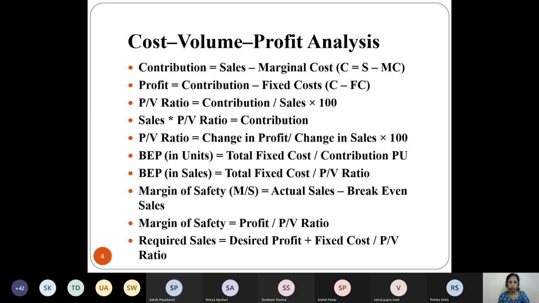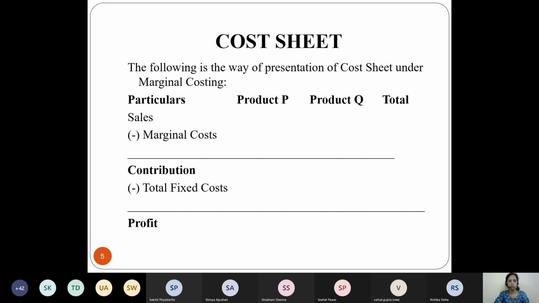Now next, how to calculate profit under marginal costing. Profit is equal to total contribution minus fixed cost. Now I will show you the cost sheet which is prepared under marginal costing. Suppose the company is manufacturing two products, product P and product Q. How to prepare the cost sheet? First you will start with sales.